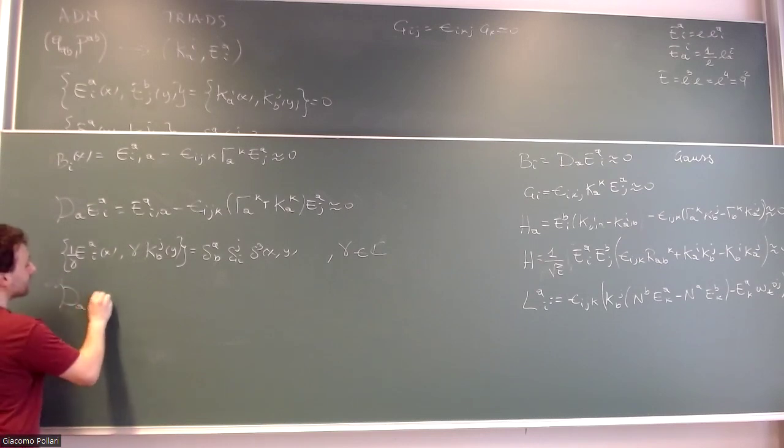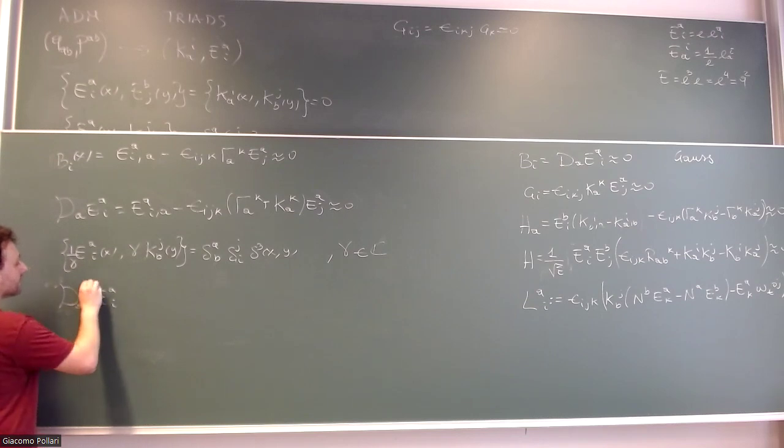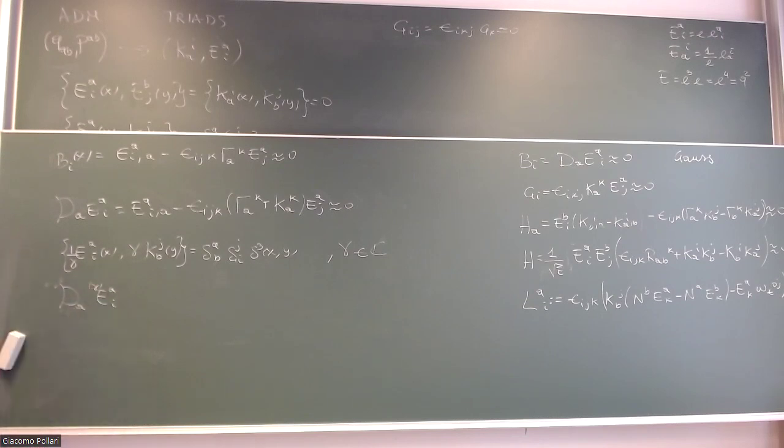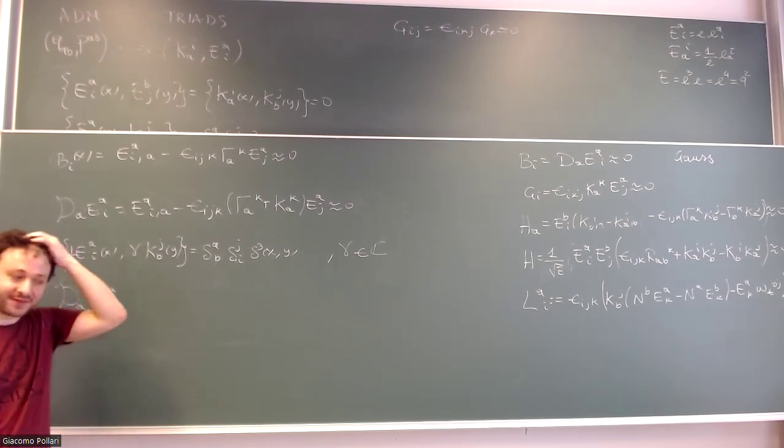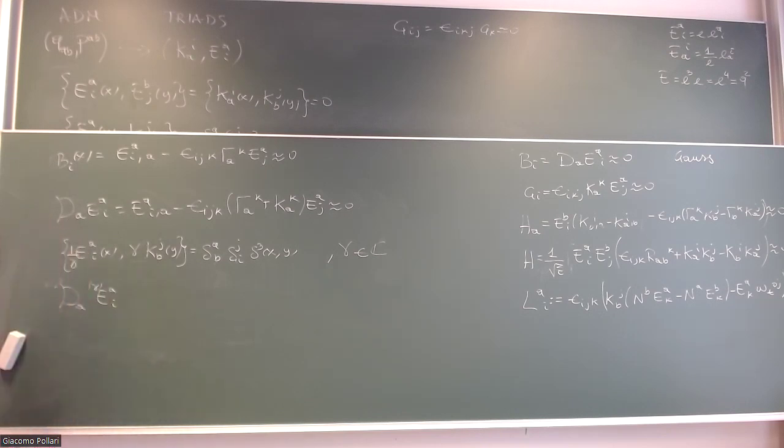By the way, in the Dirac delta function, is this also densitized? Yes, it has to be inside, of course. There is a square root of q inside there, because this has to be a density also. Yes, with the square root of minus g, square root of q.